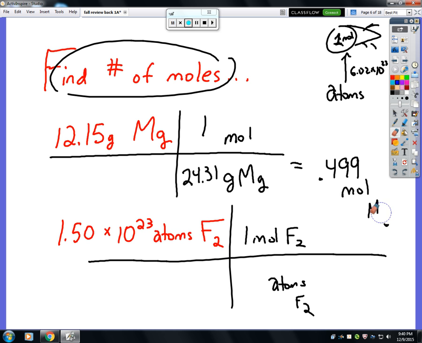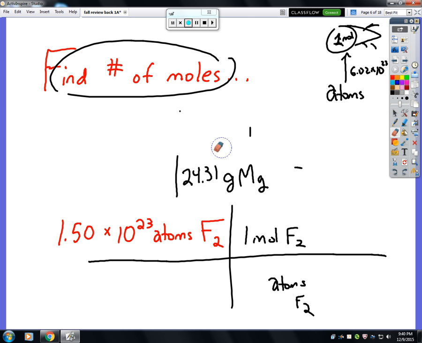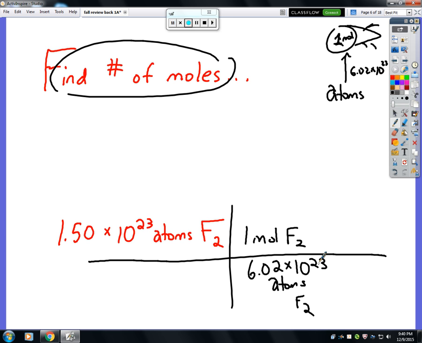Okay, so let me go ahead and erase this and get it out of the way. So what am I going to put down there, guys? Well, folks, I'm going to go ahead and put down 6.02 times 10 to the 23rd, because that is exactly what I pass by when I go from atoms to moles. Now what am I going to do? I'm going to do my math, and I need to put this in parentheses. Have to.